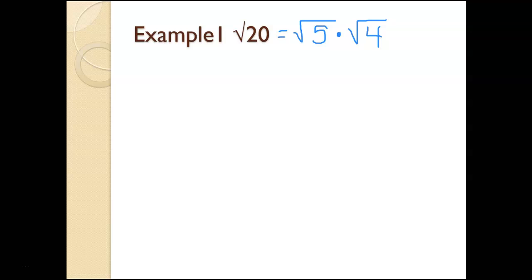And you're going to look for a factor that is a perfect square. So in this case, 4 is a perfect square. So we rewrite the square root of 4 as the number 2.